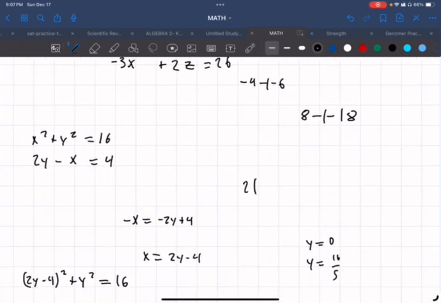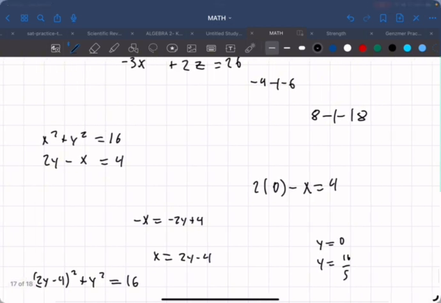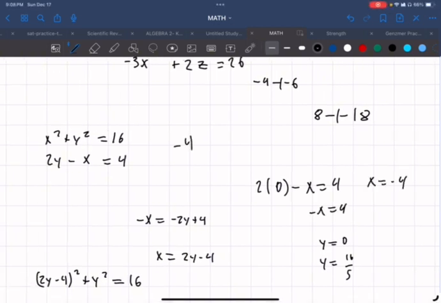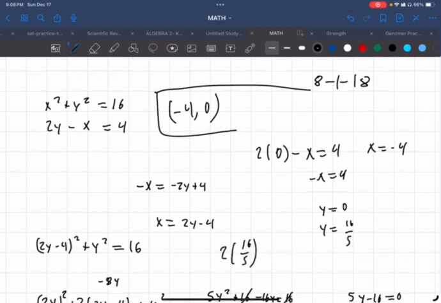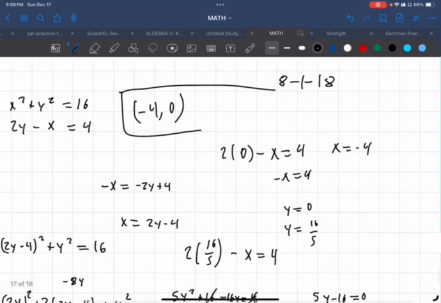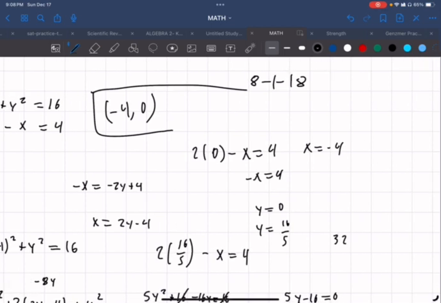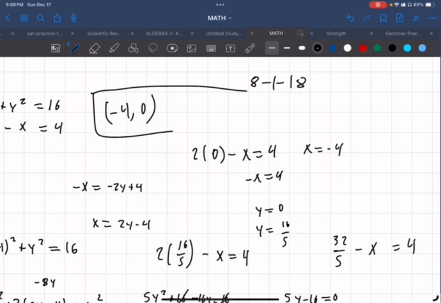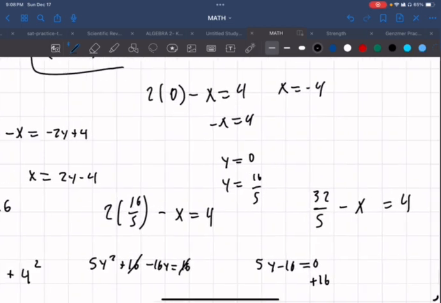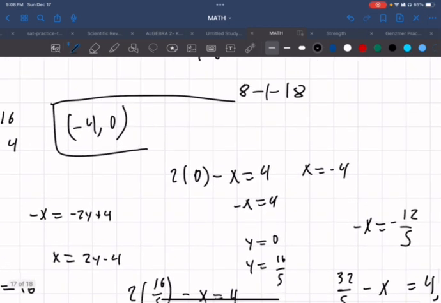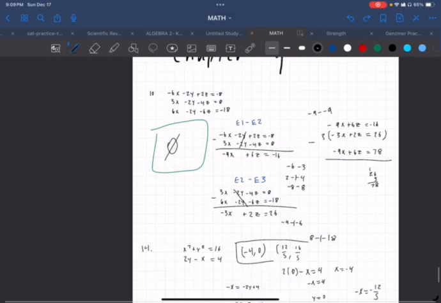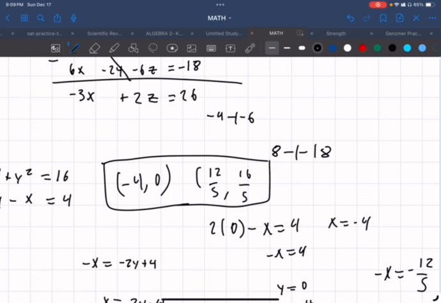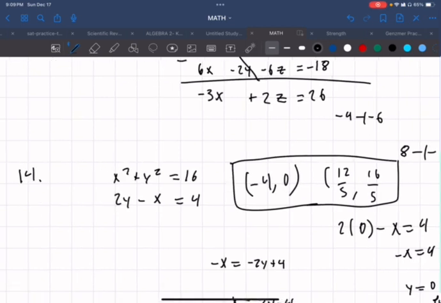No, let's just find x. Okay, let's see if this is the correct answer. Yes, it is correct.